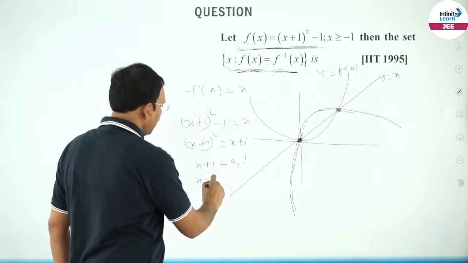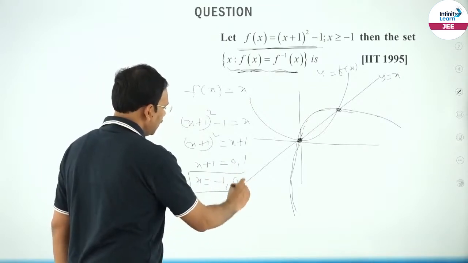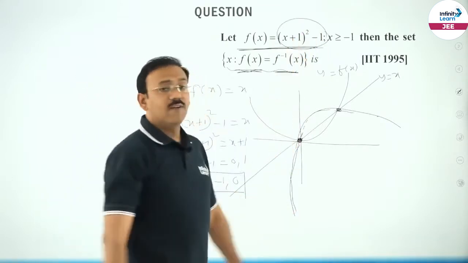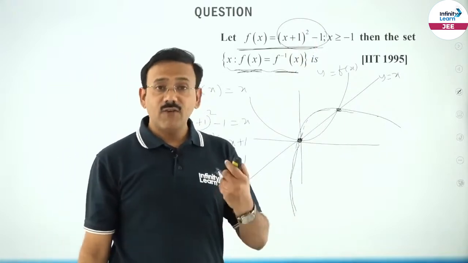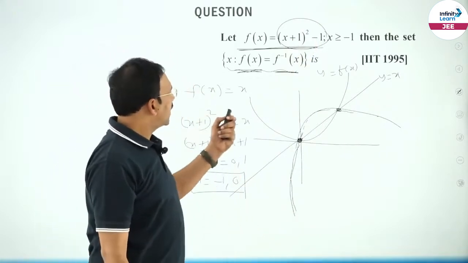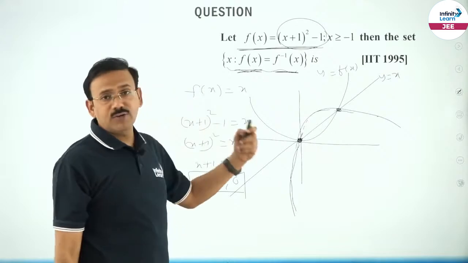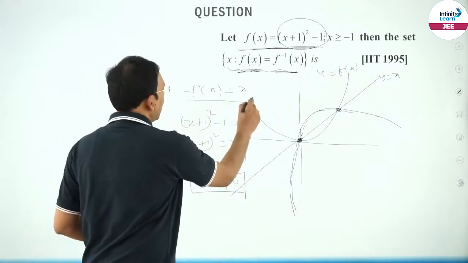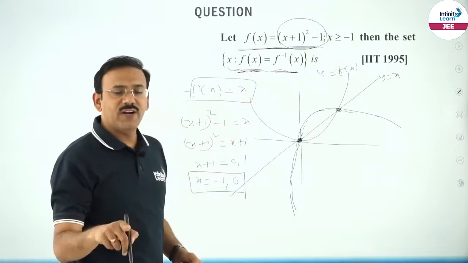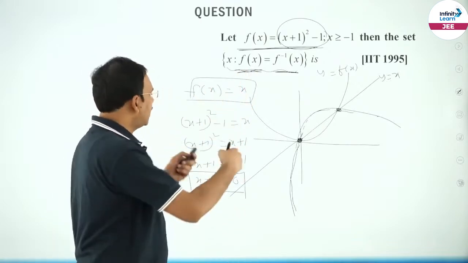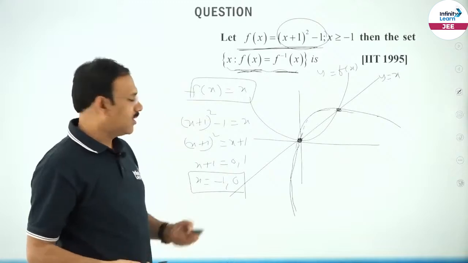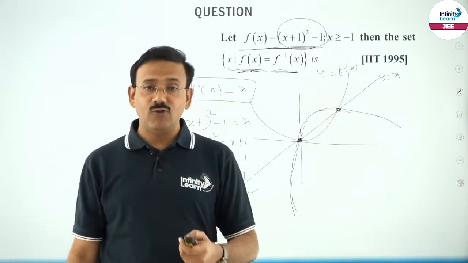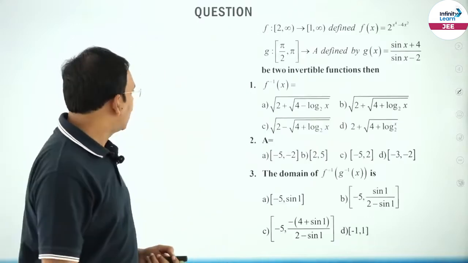So, x must be minus 1, 0. Yes, for these, because you see friend, this is a continuous function. For a polynomial, a continuous function, the solution of f of x equal to f inverse of x is nothing but the solution of f of x equal to x. You need not find f inverse of x; even if you find it, the equation becomes complicated, whereas this is simple. So, a very important point for Advanced especially, right.